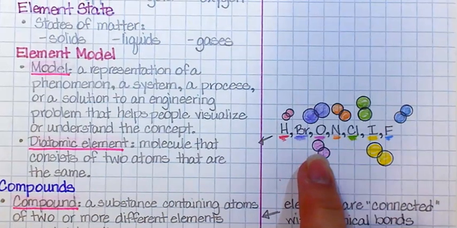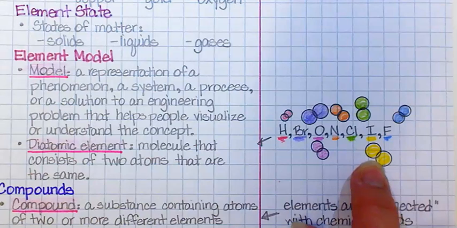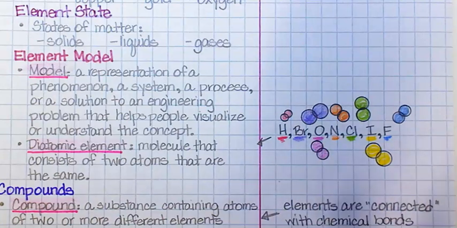So oxygen really is written O2 most of the time because, again, oxygen atoms pair up, and so you get molecules of oxygen. Each molecule of oxygen has 2 atoms of oxygen. Each molecule of iodine has 2 atoms of iodine. Each molecule of nitrogen gas has 2 atoms of nitrogen, etc. Okay?